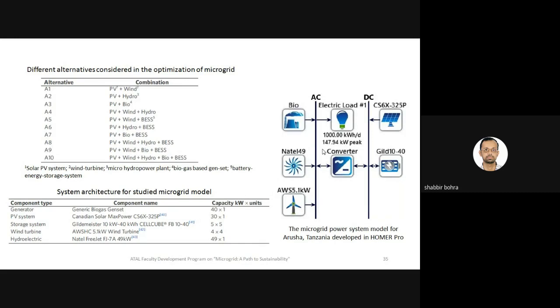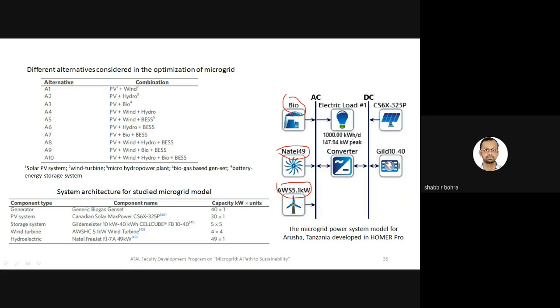So in that you can see how the alternatives are ranked for this particular system. For this given system, you have a biomass based generator, you have a small hydro, you have a wind turbine, and you can see that the size of the wind turbine is not in tens of kilowatts, but is 5.1 kilowatt.